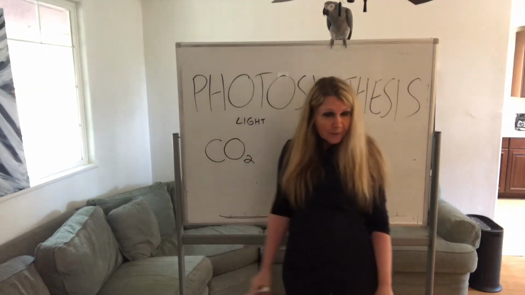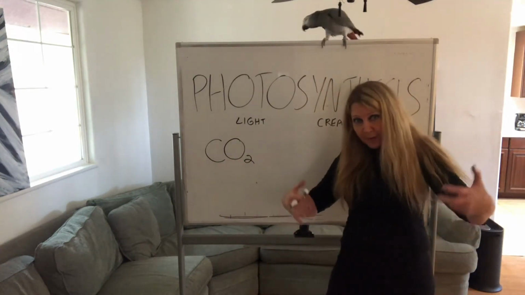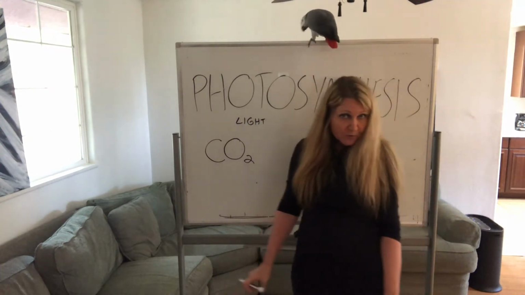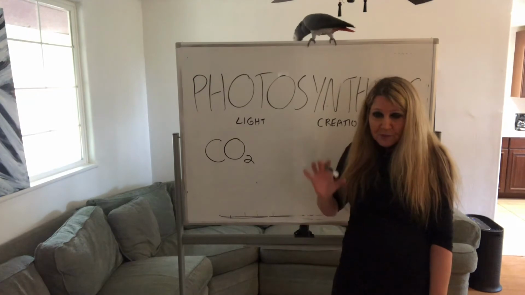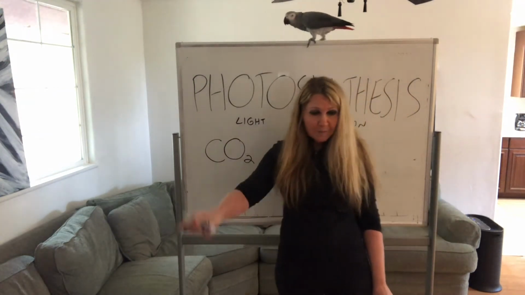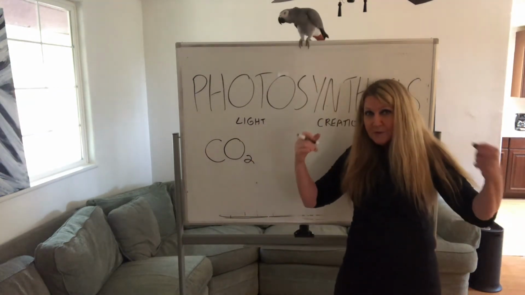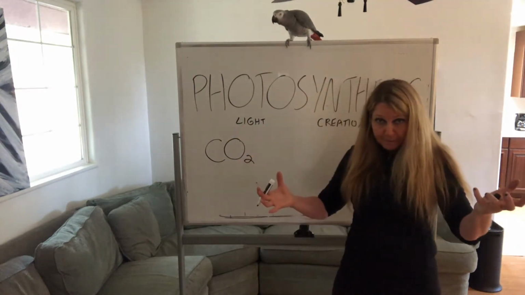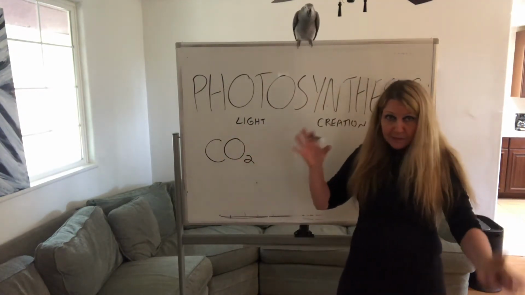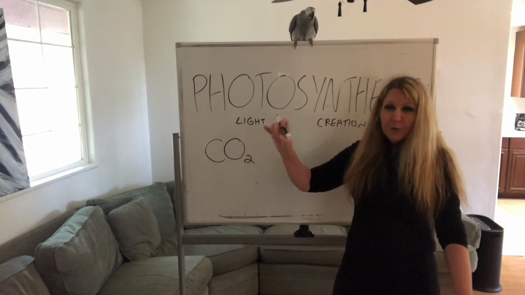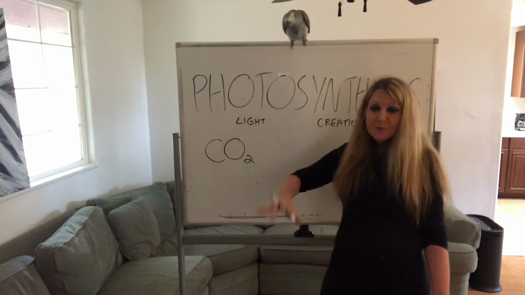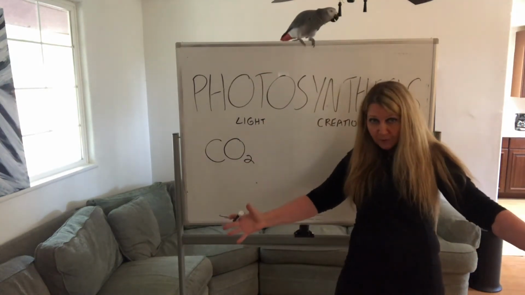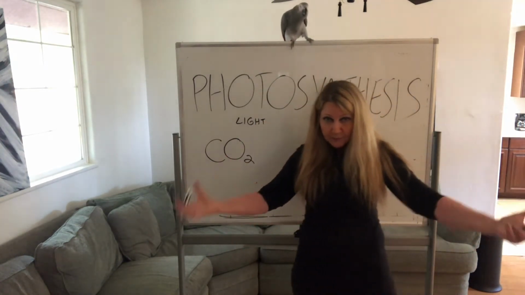Humans are producing an excessive amount of CO2, not just when we breathe out, but when we run factories and from the emissions of our cars. That can trap heat in the atmosphere, which leads to increased temperatures on planet Earth, and that leads to climate change.